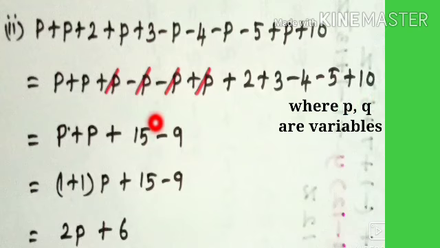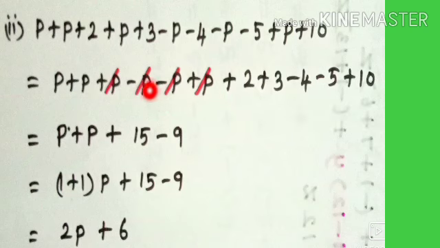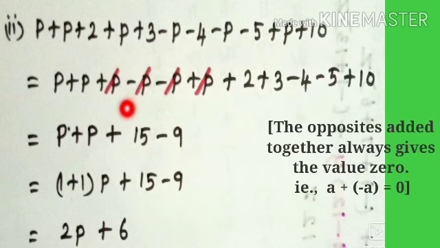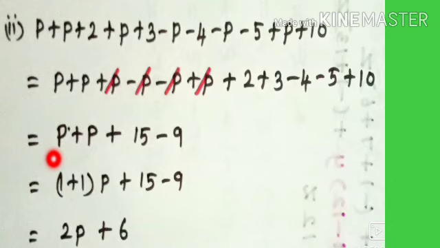Now in the next step, plus p and minus p cancel, and minus p and plus p cancel, because opposites added together always give the value 0. So we get p plus p, and the remaining is p plus p plus 15 minus 9. That is, add all the positive values. 2 plus 3 is 5 and 5 plus 10 is 15. Minus 4 minus 5 is minus 9.